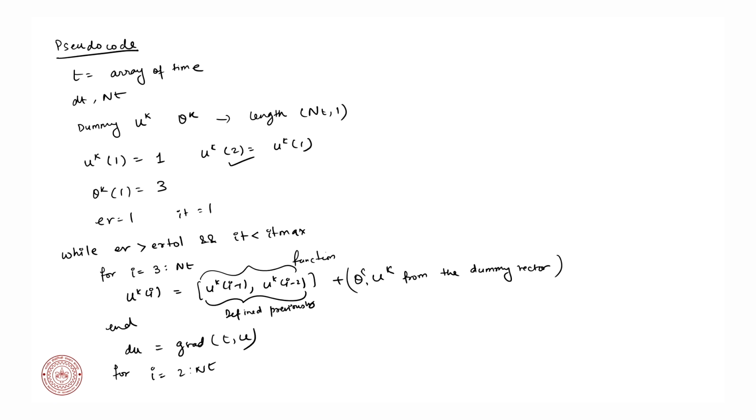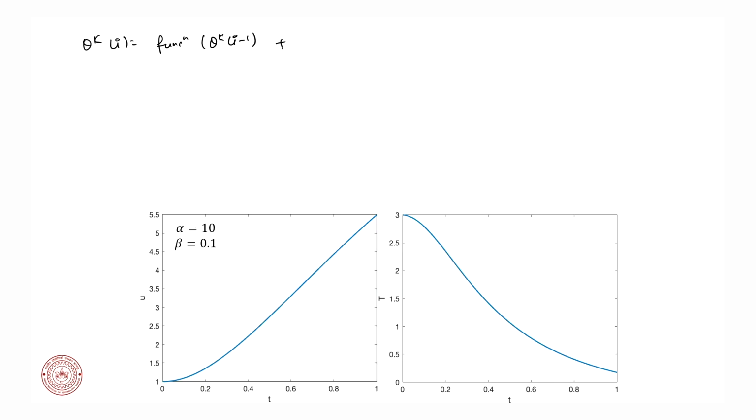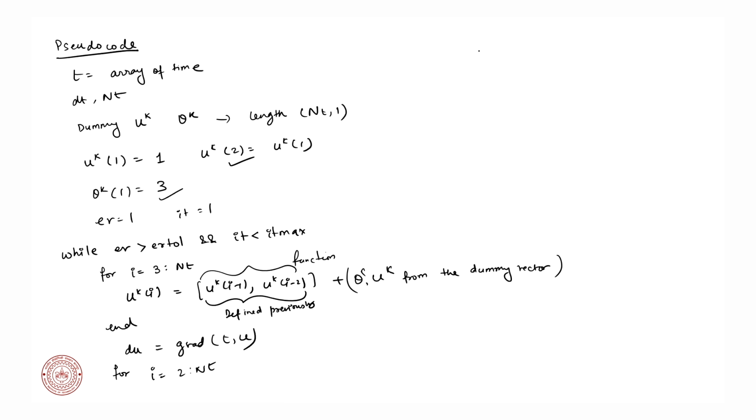Since I is starting from 2, I minus 1 is 1, and theta k of 1 is known for the k plus 1th iteration. Now, we are going into the k plus 1th iteration, plus from the dummy vector some function of theta k of I and uk of I. Okay. So, that is what we have done.